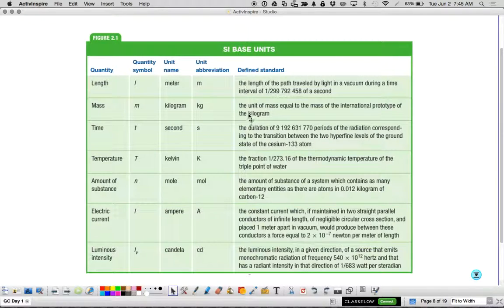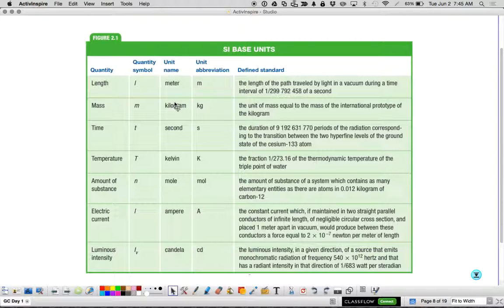Okay, so some of these have sort of funny definitions, and some of them, like the kilogram, is just defined. There's an international prototype that gets stored in a glass vial, and it's under argon, so it can't react with anything, and it's just like a chunk of metal. Okay, so now notice that for mass, we actually use the unit kilogram a lot.